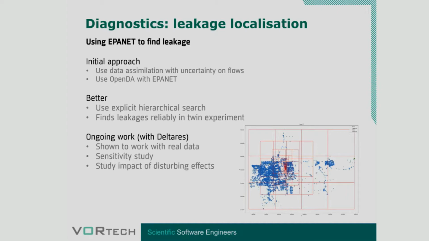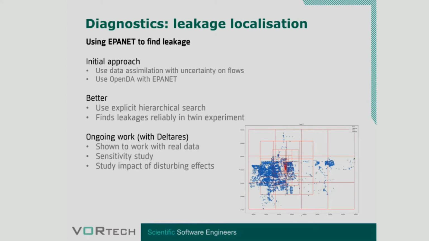And initially we used very advanced methods from the OpenDA data assimilation framework, which uses a very sophisticated optimization algorithm. But it turned out to be far easier to have a very simple search algorithm where you simply put a leakage somewhere in the model and see what the effects are in the observation points.